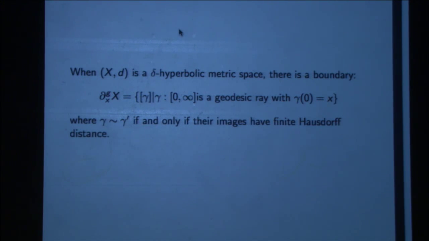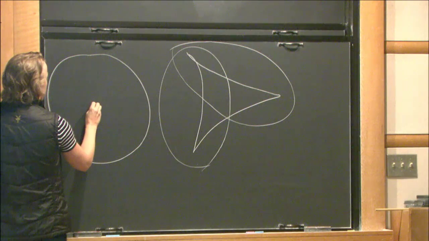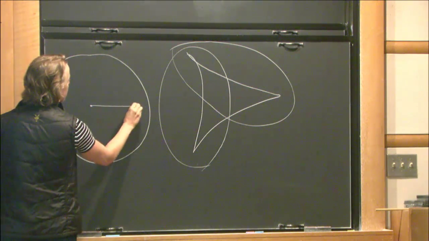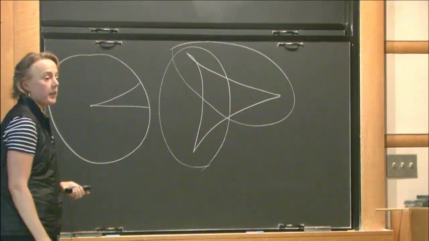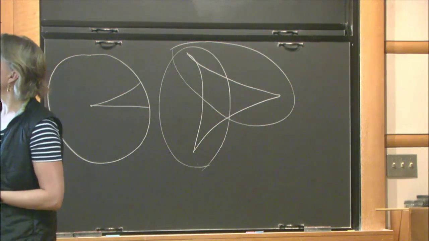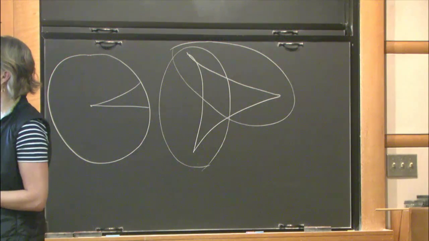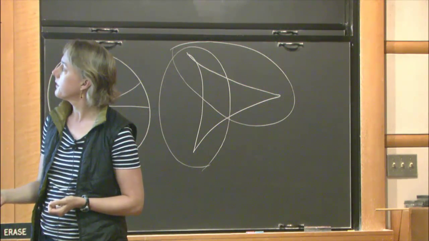I'll draw H2 with a particular base point, and I think of the boundary as the endpoints of these geodesic rays, and two geodesic rays are equivalent if their images have finite Hausdorff distance. So one is contained in the delta neighborhood of the other.